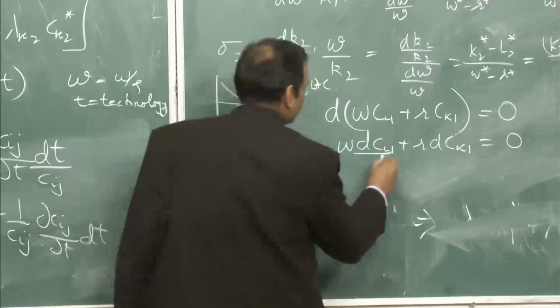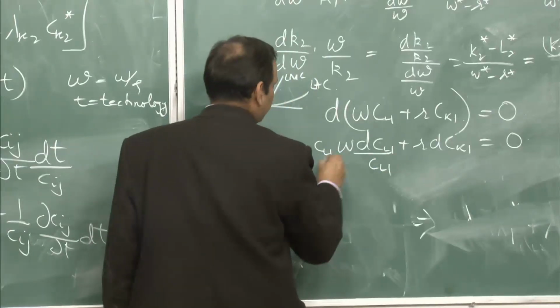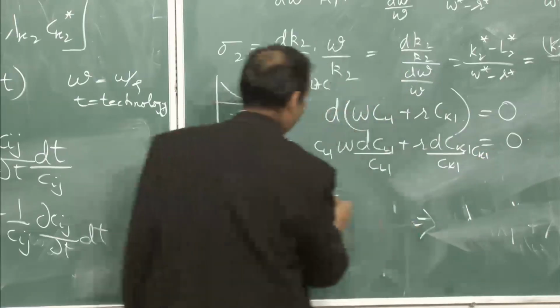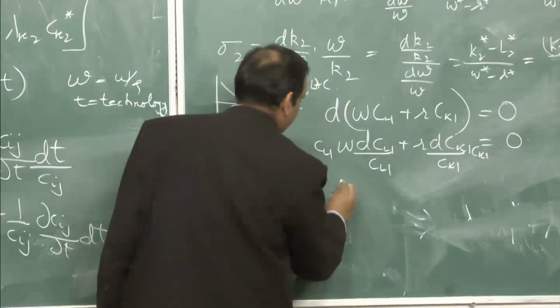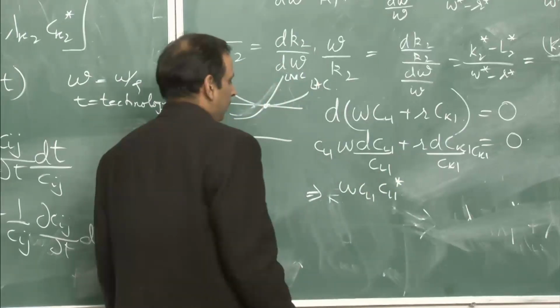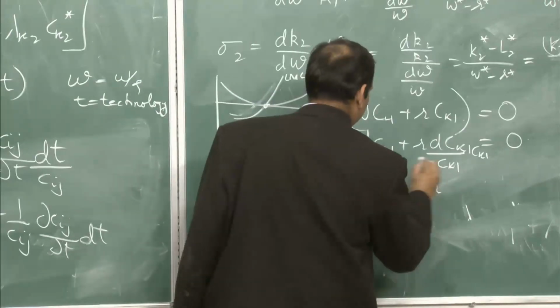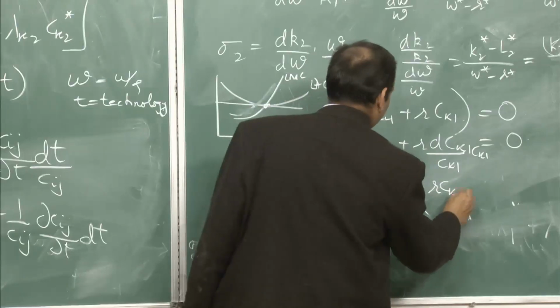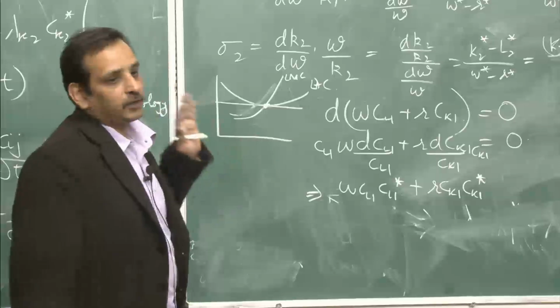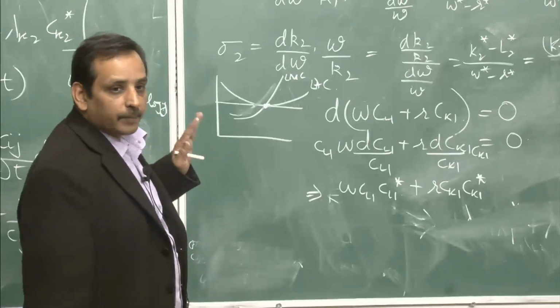Now, you can always divide by CL1, multiply by CL1, divide by CK1, multiply by CK1. So, you get W CL1 CL1 star plus R CK1 CK1 star. Now, here we are assuming technology to be the same.